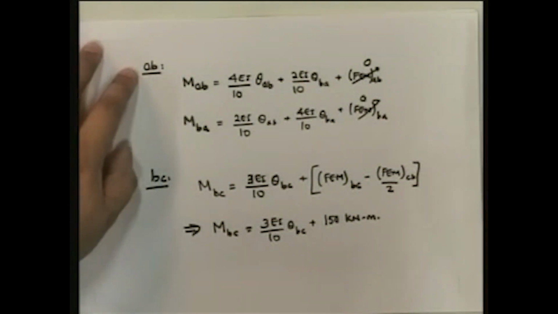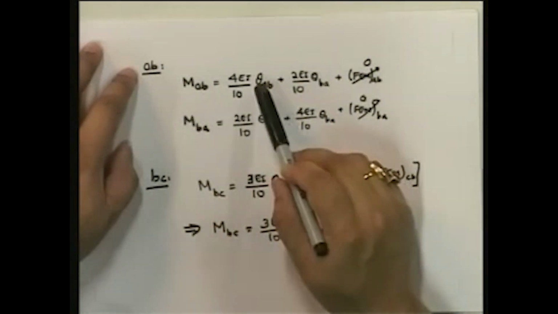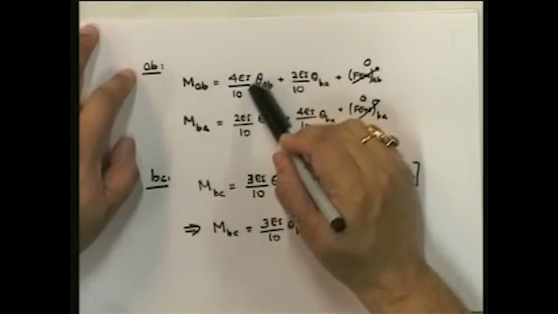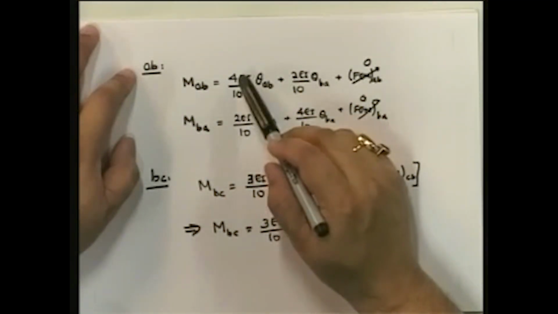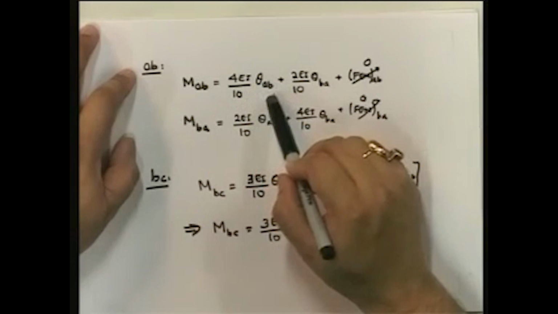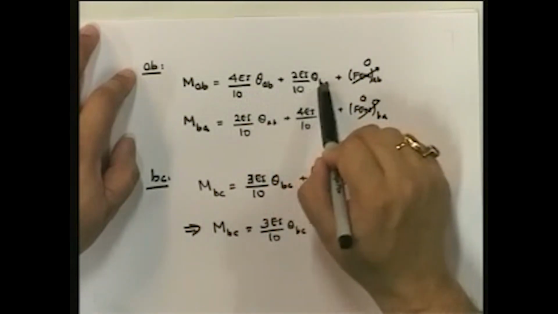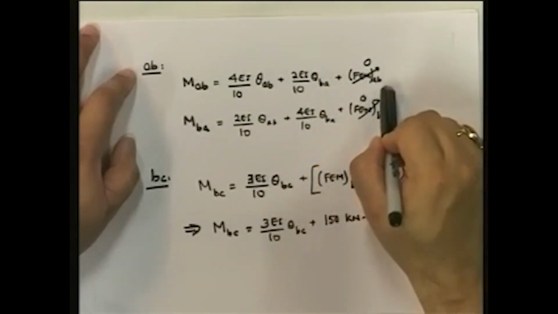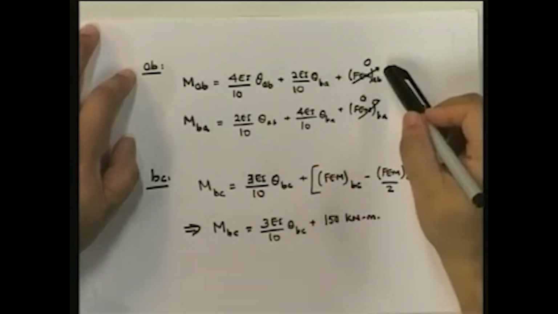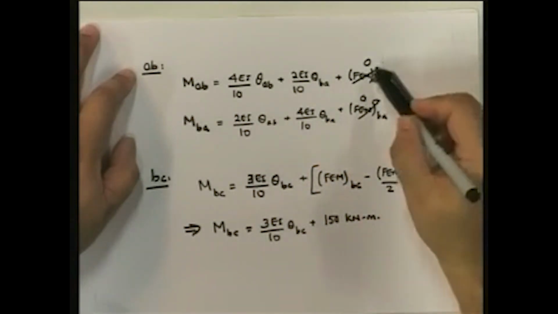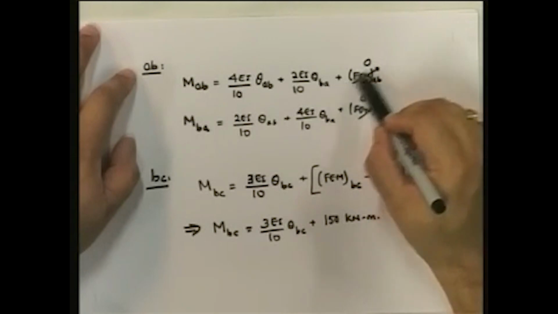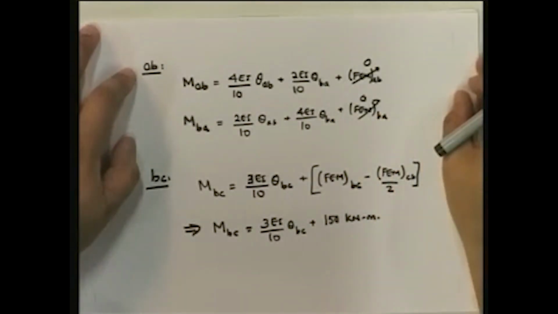Okay. So having identified the 2 degrees of freedom, the first step is to write down the member force deformation relationships. So we look at the member force, and AB is a fixed member. So MAB is equal to 4EI upon L, L is equal to 10, theta AB, plus 2EI upon L, theta BA, plus the fixed end moment at AB. Now since there is no load in member AB, obviously the fixed end moment is 0.